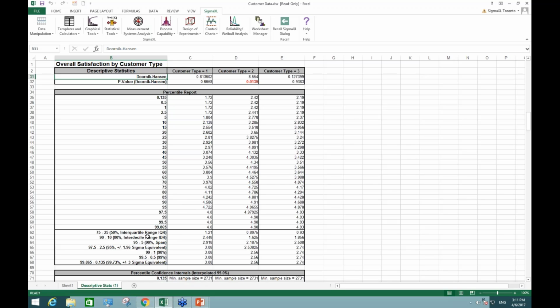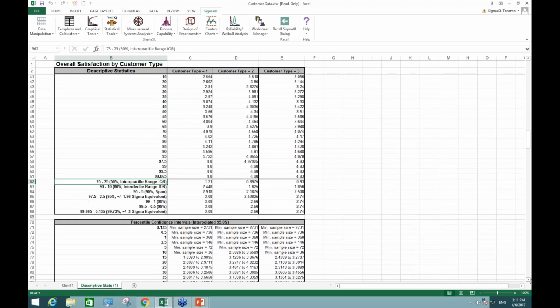We also have the ranges. So we have the interquartile range, which is used in the box plot. The height of the box plot is the interquartile range, the 75th minus the 25th percentile. Also, the interdecile range, IDR, 90th percentile minus the 10th percentile.